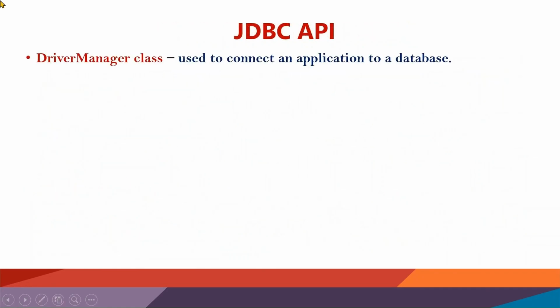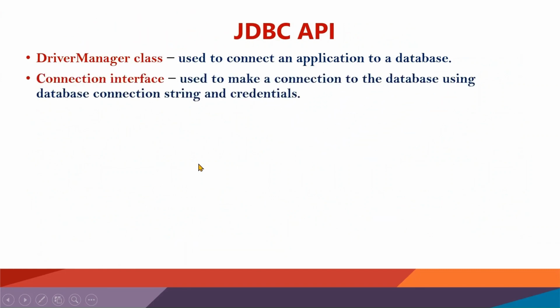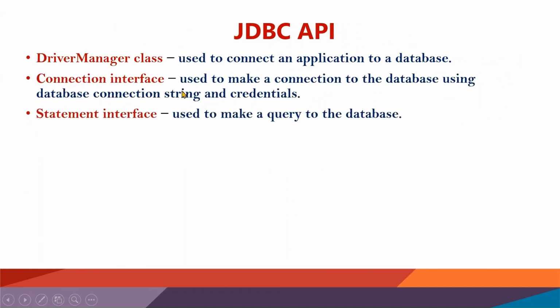Now coming to the interfaces and classes available under the JDBC API. As I said, the java.sql package holds classes and interfaces. One of the classes, the DriverManager class, is used to connect an application to the database. I said the getConnection method is available under the DriverManager class.